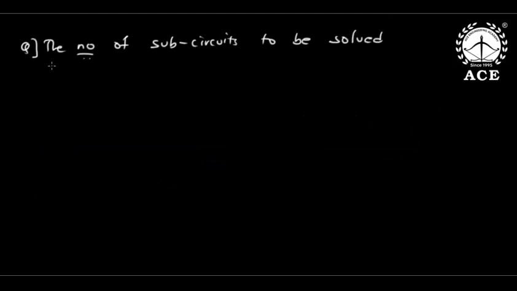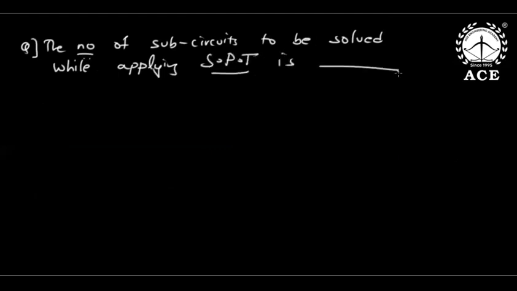So now I'm asking a question. The number of subcircuits to be solved while applying the superposition theorem is dash.